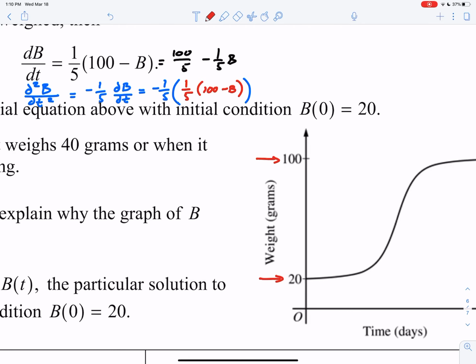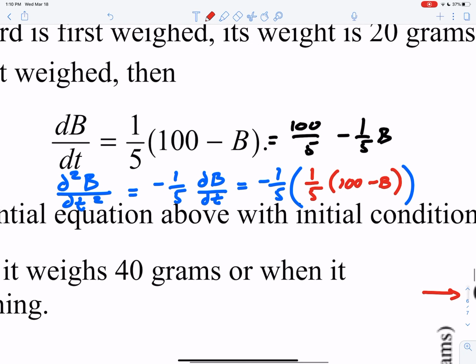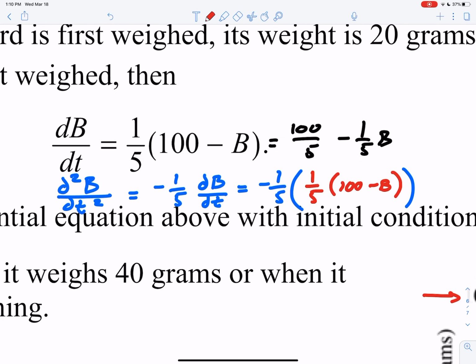So if you were to plug in any number between 20 and 100, this quantity right here will come out positive no matter what, assuming it's not 100, okay? So from 20 and anything up to but not including 100, this whole value will come out positive.